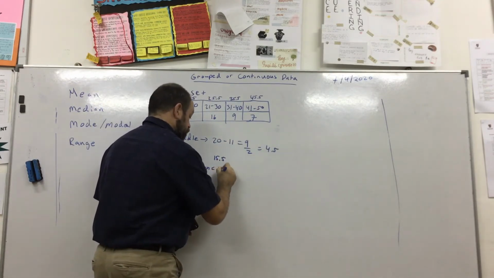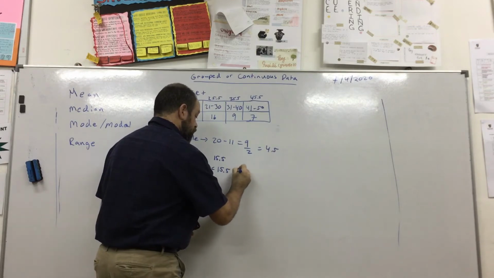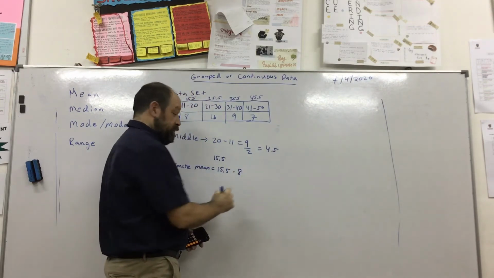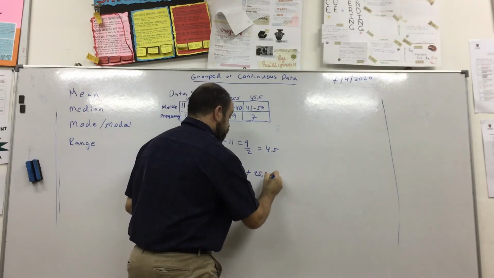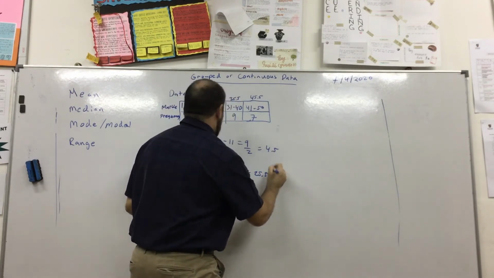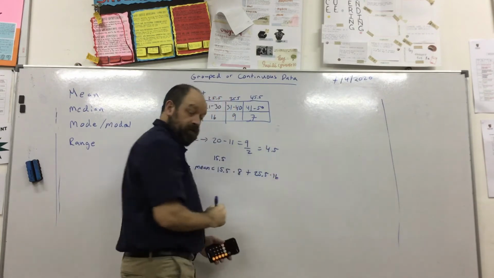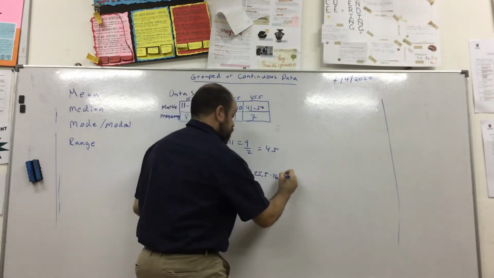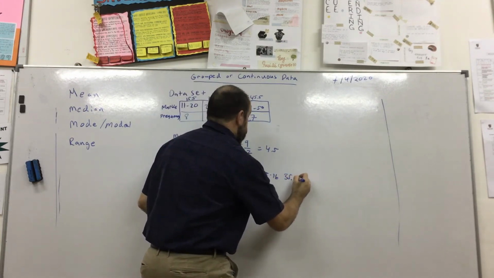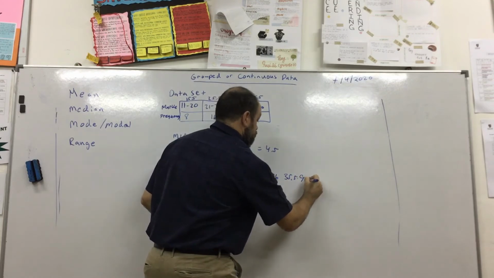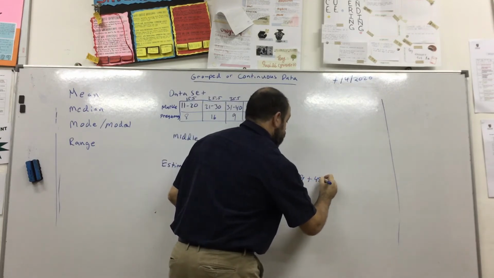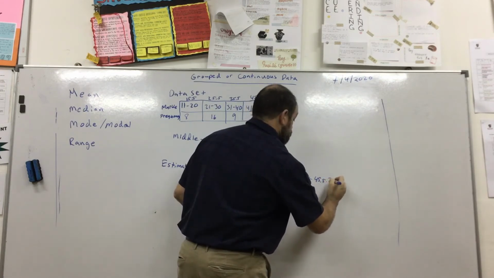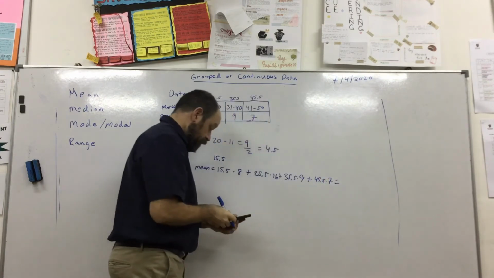So 15.5 times 8 plus 25.5 times 16, 35.5 times 9 plus 35.5 times 7 equals.